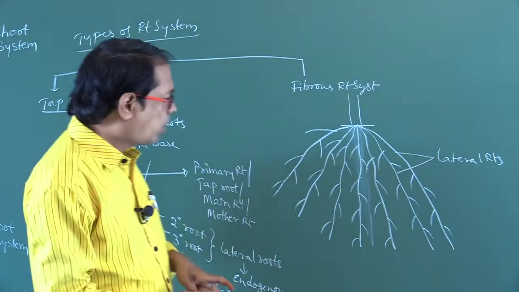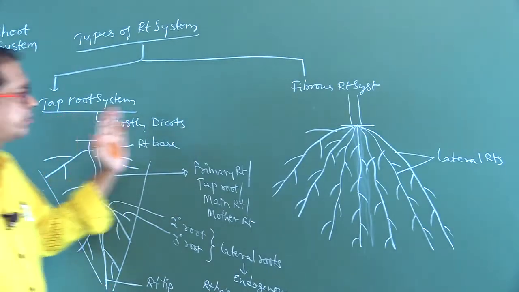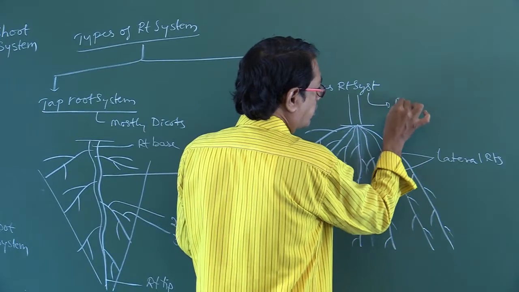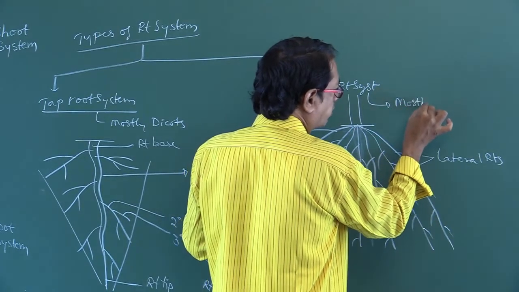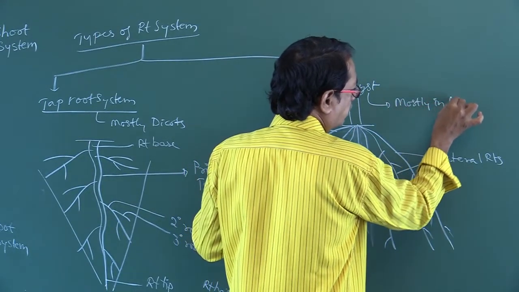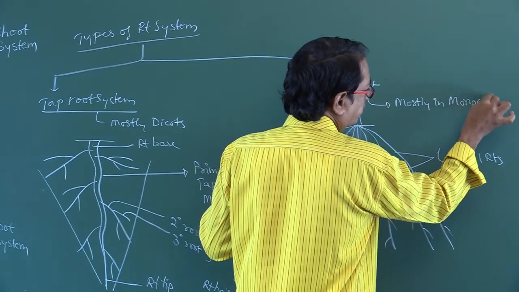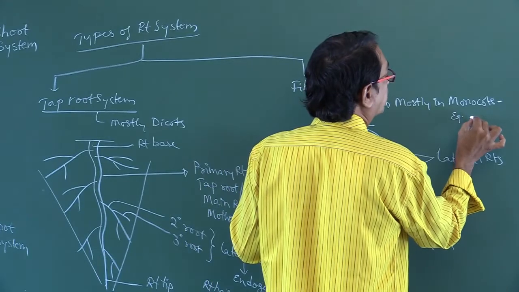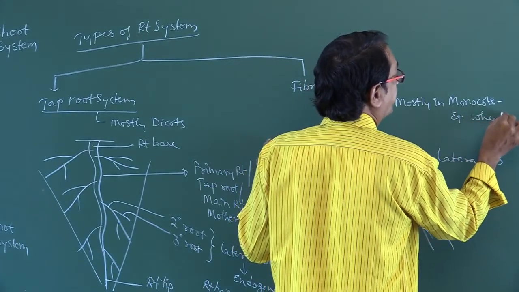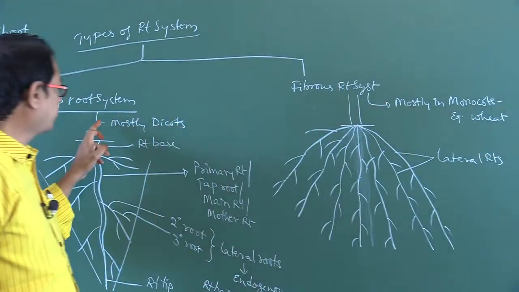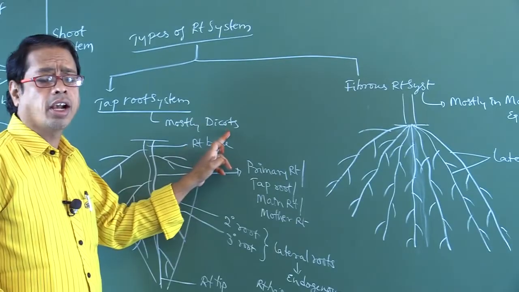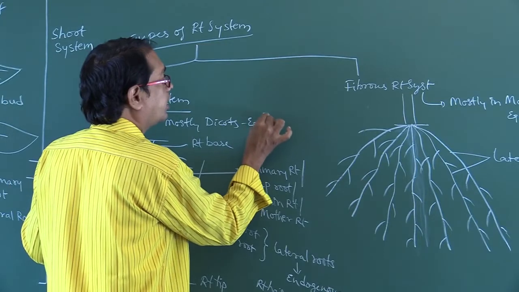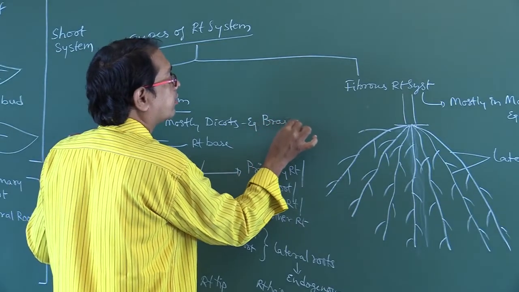So what are the differences between taproot system and fibrous root system? The fibrous root system is mostly found in monocots, for example wheat. The taproot system is mostly found in dicots, for example brassica.